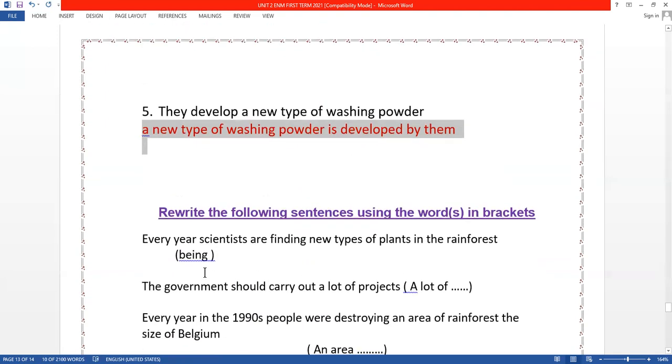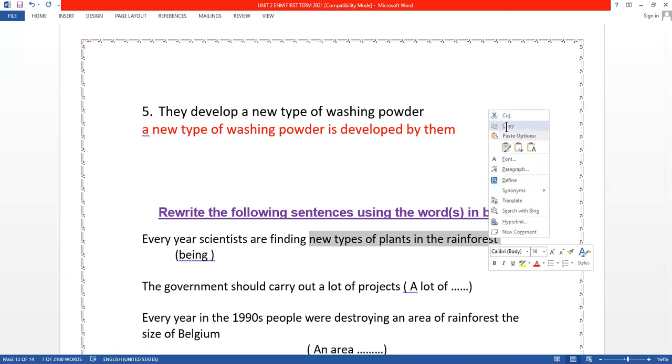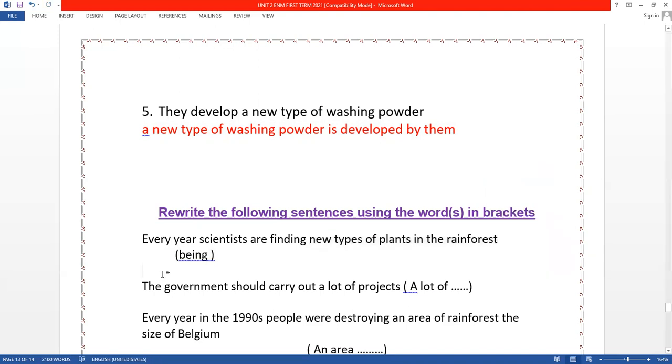Now, extra exercises. Every year, scientists are finding new types of plants in the rainforests. Here, the object is new types of plants. We start with the object.